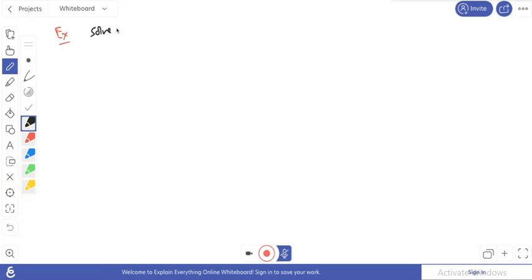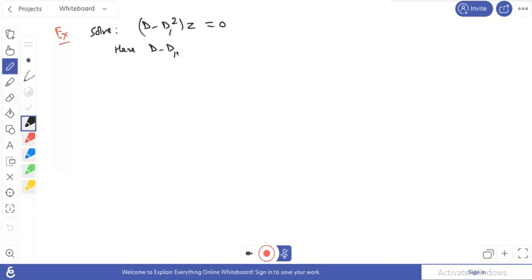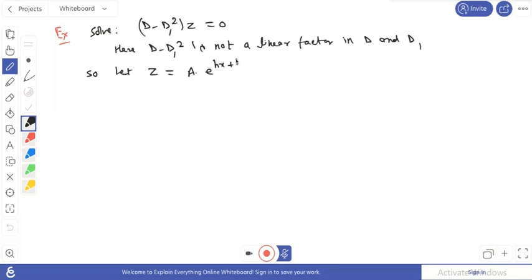Okay, so next page, we have to solve this: d minus d1 square z equals to 0. Okay, so here d minus d1 square, this is not linear. Then we can apply our next formula, which is we assume that our z is a e to the power hx plus ky.